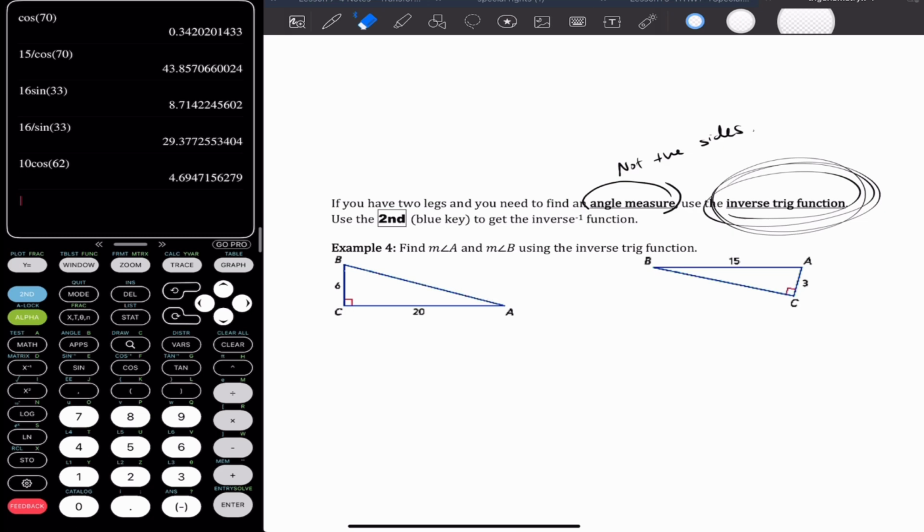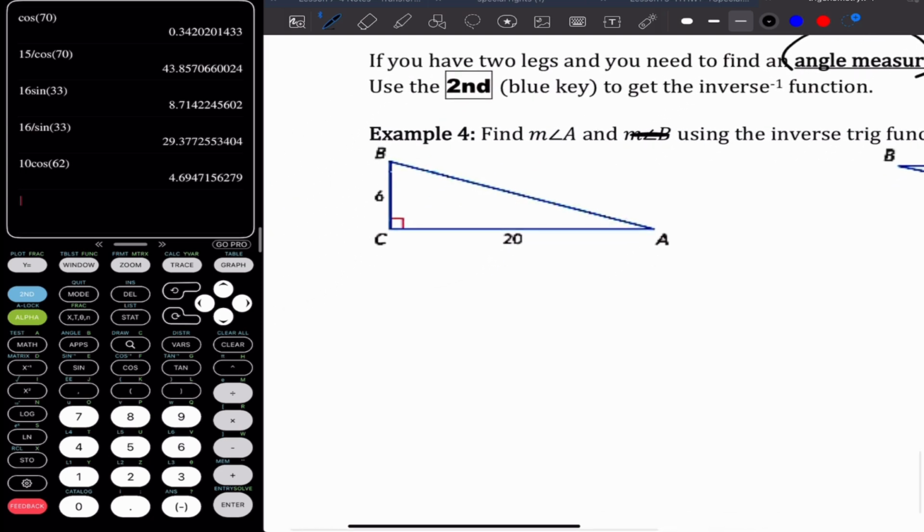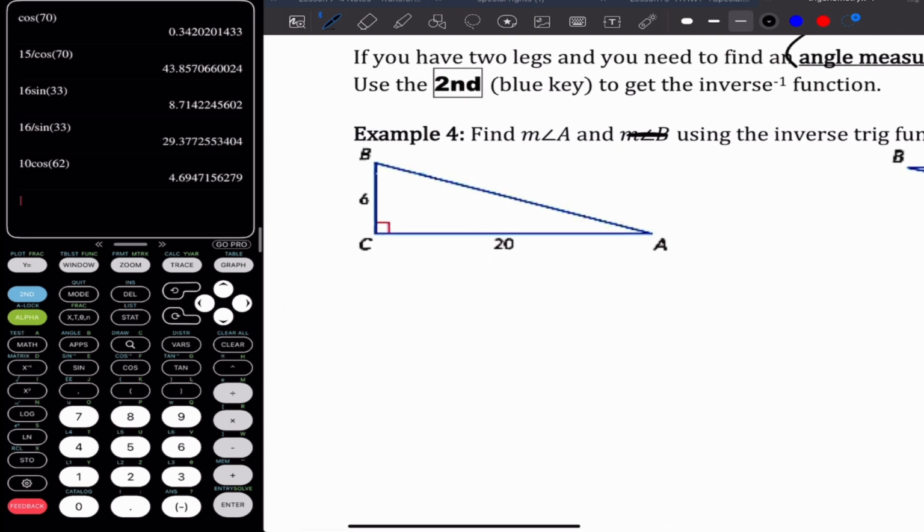I'm not going to find both, I'm just going to find the measure of angle A, to save some time and get to the point. So, to find the measure of angle A, I'm not finding the sides. I just want to make sure we understand. I'm trying to figure out how large angle A is.